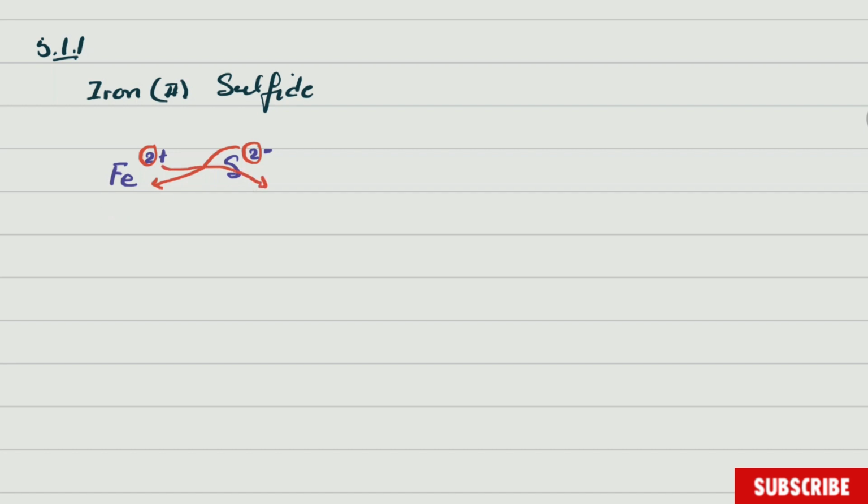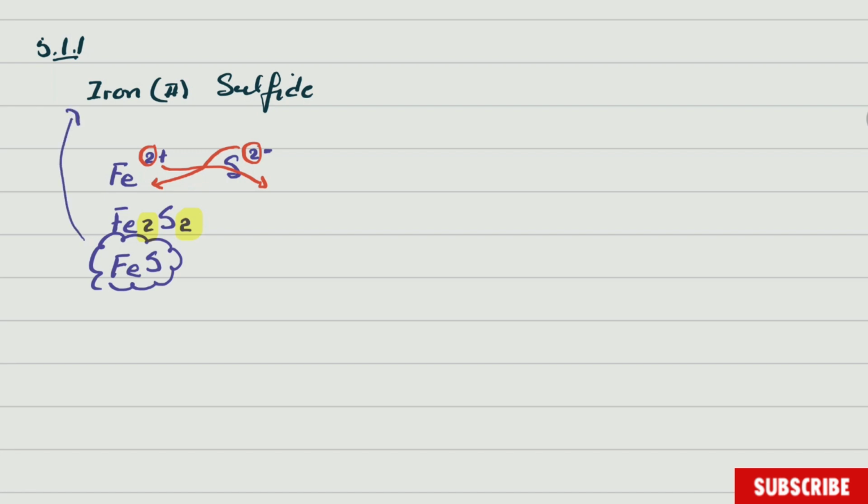So you will actually have Fe2S2. But if the numbers on these sides are the same, and as it is the case, then they simplify each other and you will have FeS. This is the formula for the compound iron 2 sulphide.